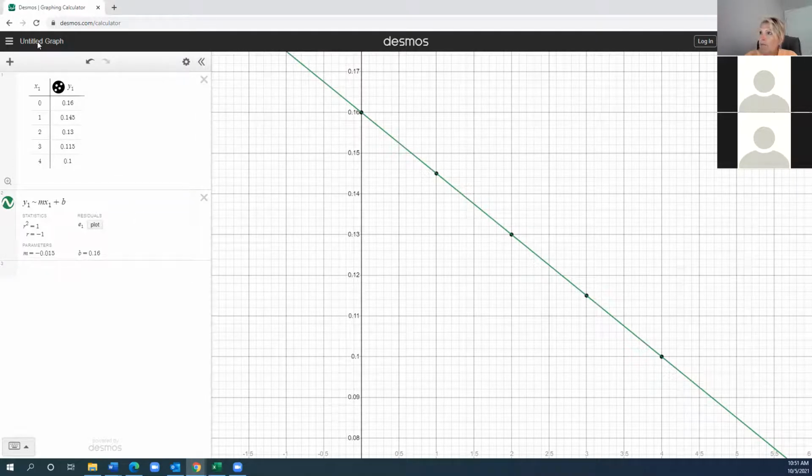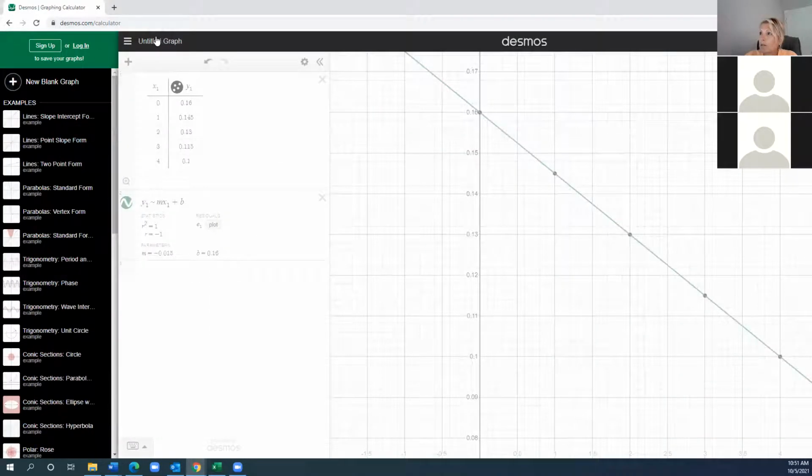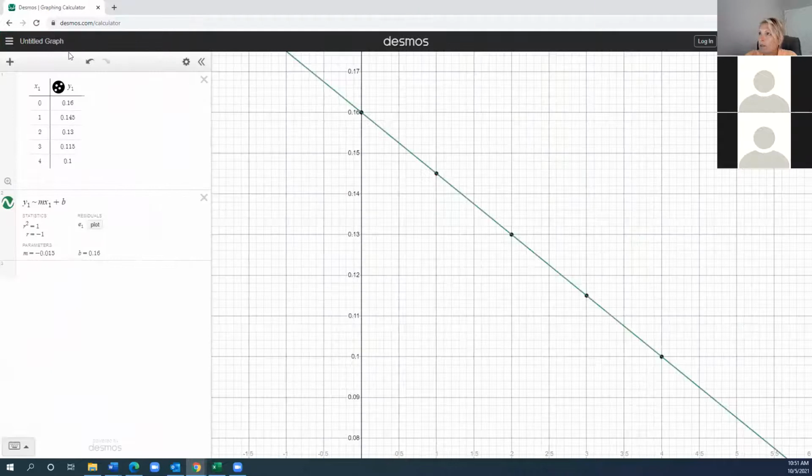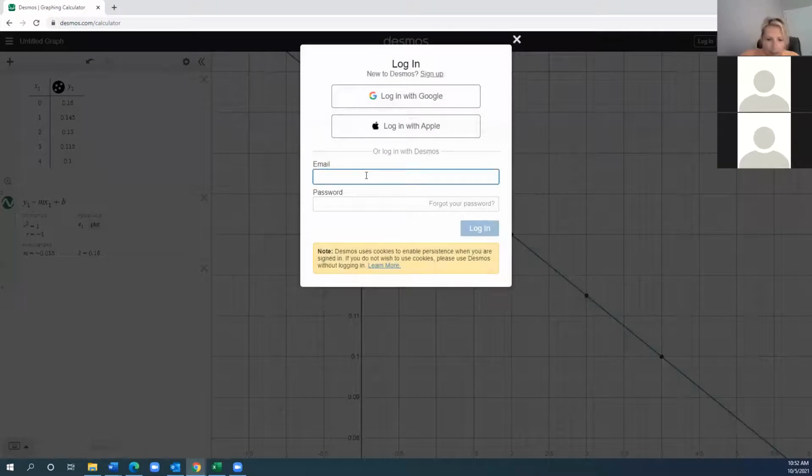I'm going to go up here and no, I want to save my graph. It's not running. This is weird. Oh, because I'm not logged in. This is main.